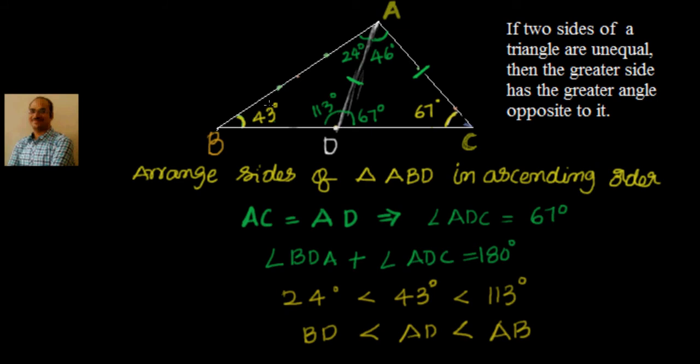Once I got the angles, I placed them in ascending order. I know that the sides opposite to the angles will also be in the same order. So if 24 is less than 43, then opposite to that is BD. So BD will be less than AD, which is opposite to 43. This is how we have done that.